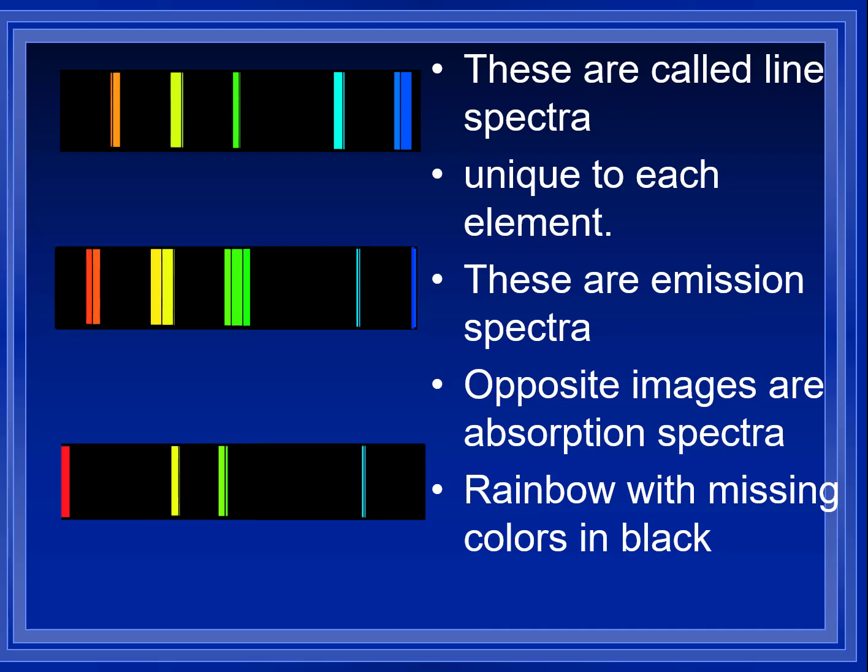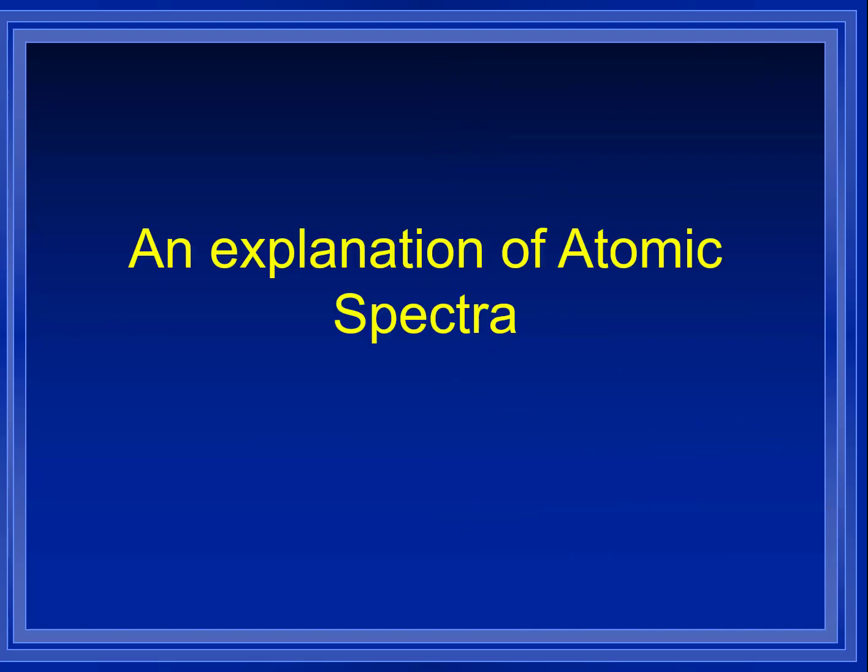So, those are the colors. Those colors have to tell us about atoms. So, here's our explanation. How do we explain the colors we saw? How do we explain those lines? Okay.